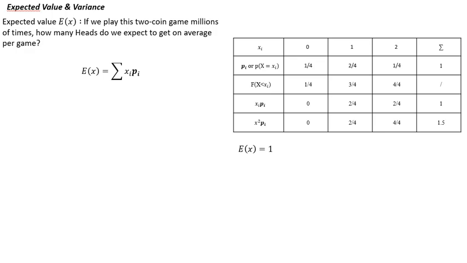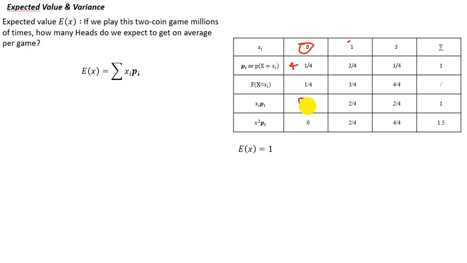Simply, we take each value of our random variable. For example, here we have 0. We multiply it by its probability to appear. So the probability of getting 0 heads in this experiment is 1/4, so 0 times 1/4 gives 0.